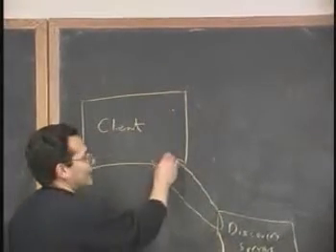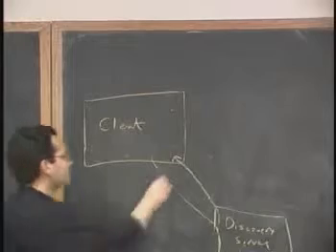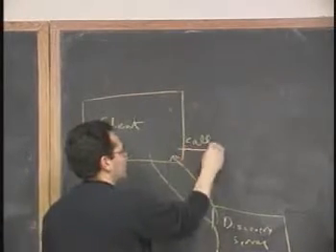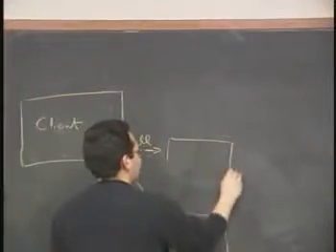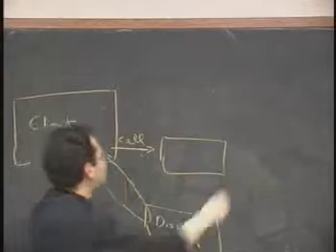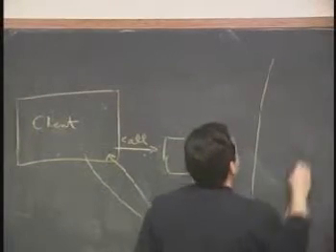Now, once the client has that, it knows how to address this server. So it makes a call. At that point, when it makes the call, this is all on the client side. Let's put the network here.